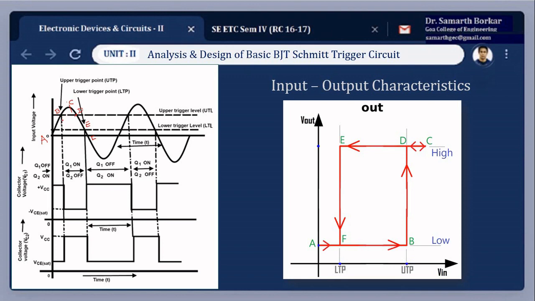So there are two transitions occurring here. At this transition, wherein the transistor goes into the on condition, the output naturally becomes 0. So at this point the output becomes 0, and then as we keep on increasing the voltage, at some point the voltage Vi becomes less than VBE plus VE, which we discussed in the previous slide.